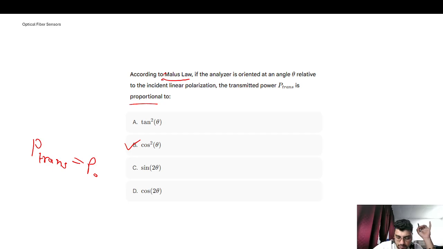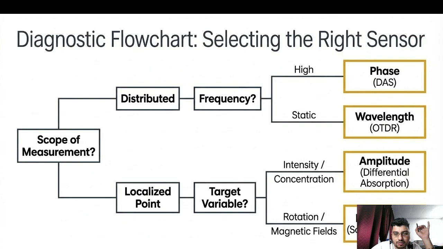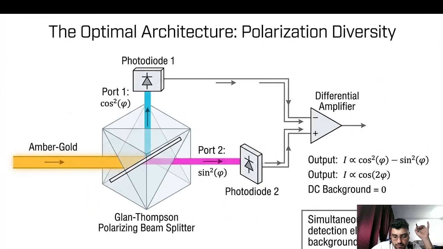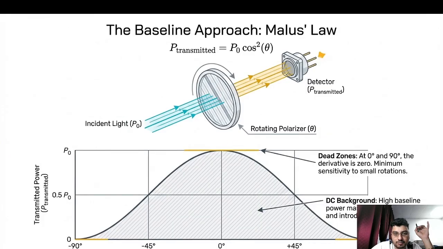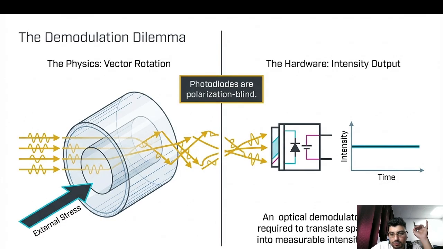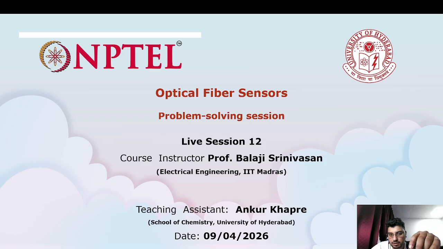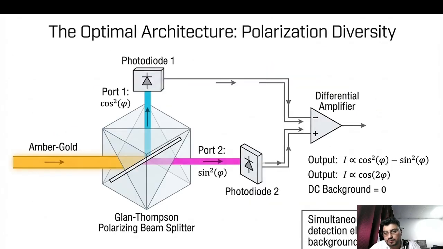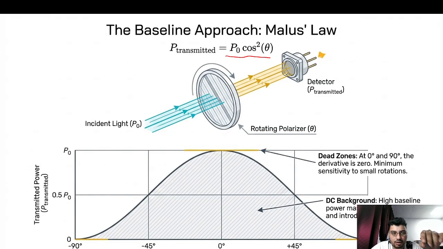Let me check. Cos square theta. No, you are talking about this one. No, no, just a second. You might be confused with this one, the polarization diversity. No, we are talking about Malus's law for the baseline approach.